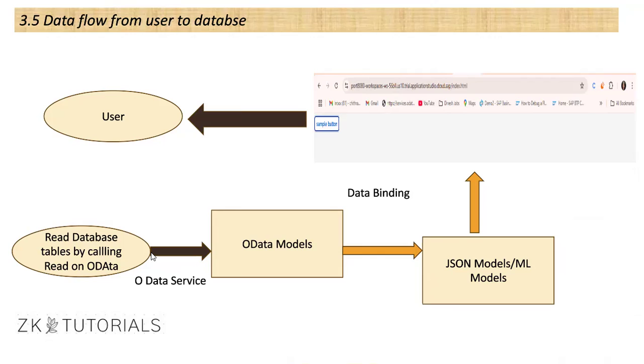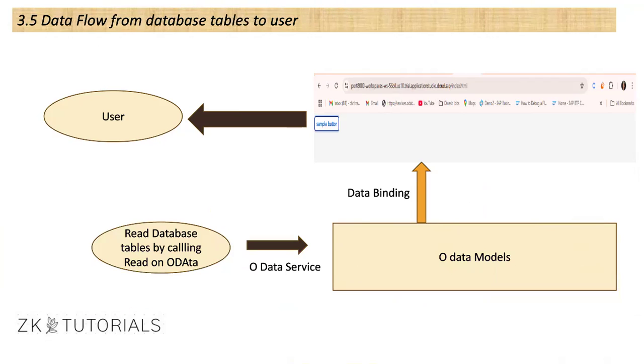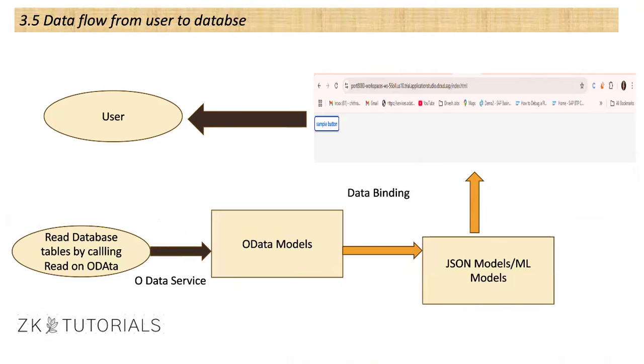So in the first step there is something in the DB that will be shown to the user, and in the last step, if the user makes some changes to the application, it will be stored in our model, and the model will help us update our backend database, and that will be stored in the DB.